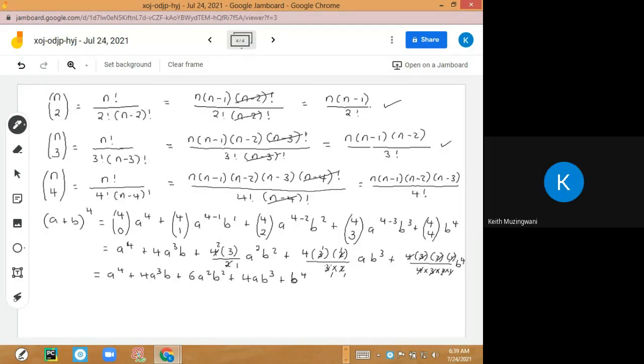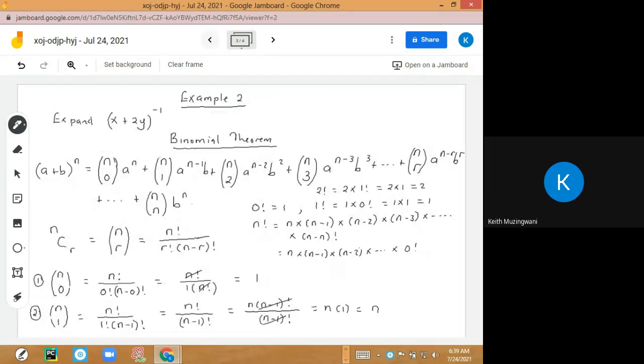So what we are doing is we are getting them from what we have calculated here. We said n choose 2 is n multiplied by n minus 1 over 2 factorial, where 2 factorial is just 2 times 1. So if you have 3 factorial in your denominator, then you're having 3 by 2 by 1, according to the definition of n factorial. So if you have 4 factorial, then you have 4 by 3 by 2 by 1.